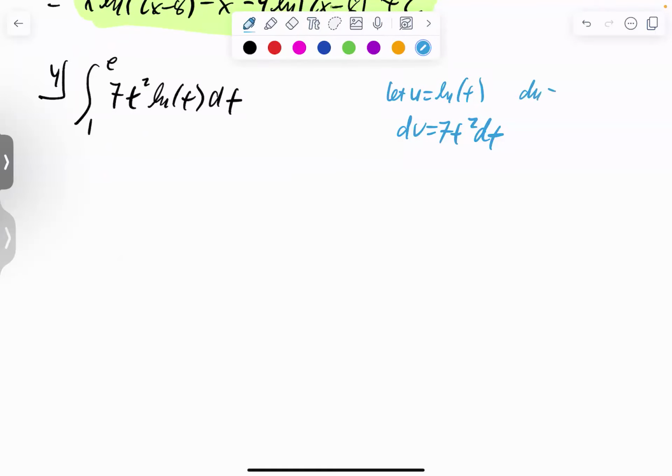So du becomes 1 over t dt. And v, when I integrate that, I get a 1/3, so that becomes 7/3 t to the 3rd power.